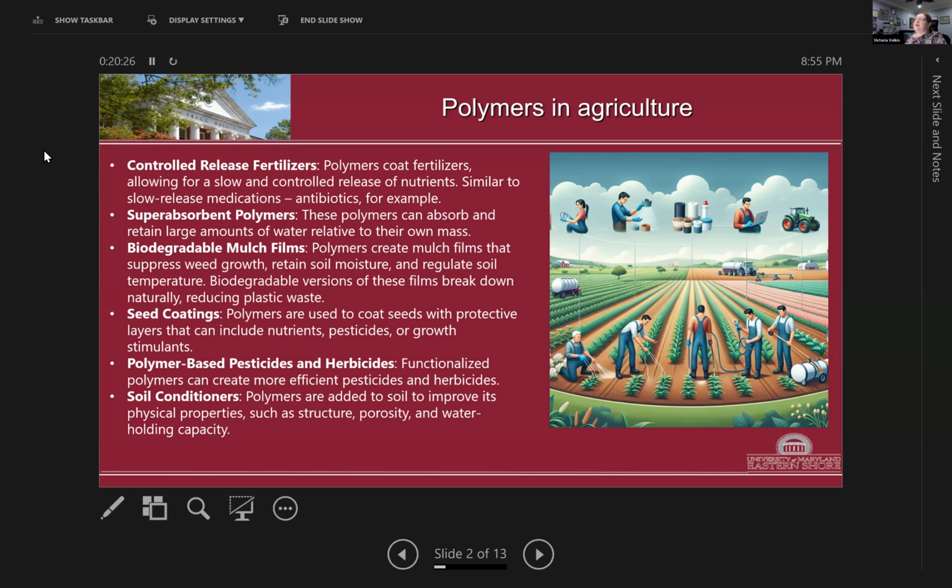And finally, just like we can preserve and keep fertilizers longer, we can do the same for pesticides and herbicides, because those are normally also very water soluble, and you will apply them, and after each rain you will have to reapply them. Otherwise, they will get washed out, and the pests will attack your plants. So by putting them in biodegradable polymers, we can prolong how long those pesticides and herbicides stay with the plants.